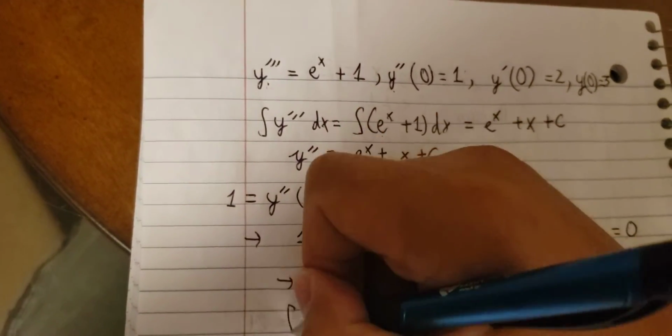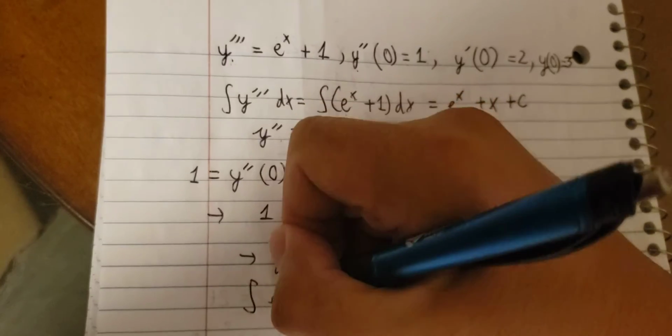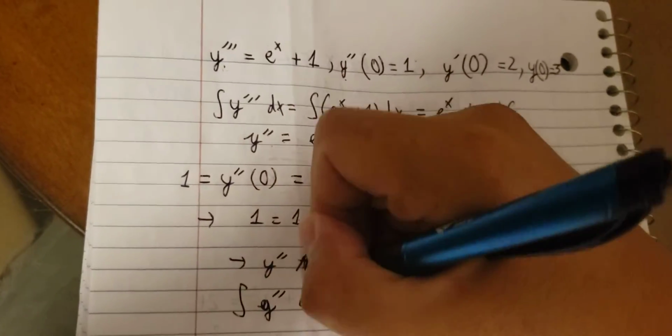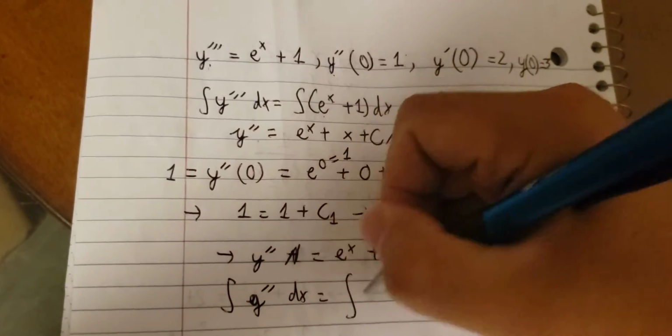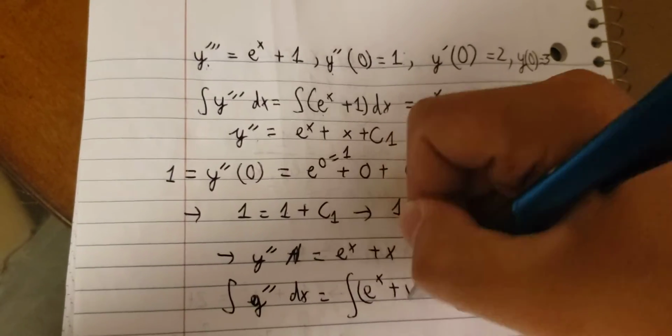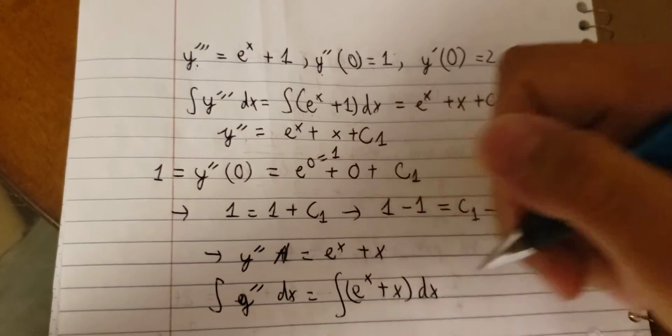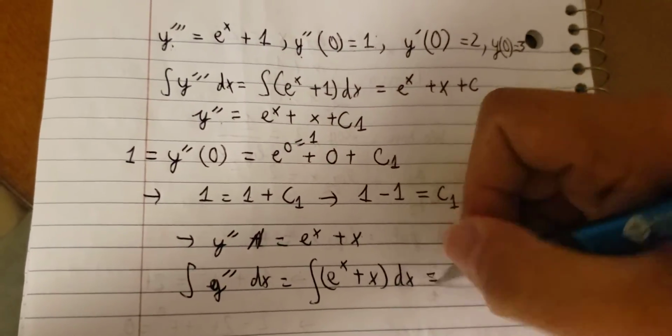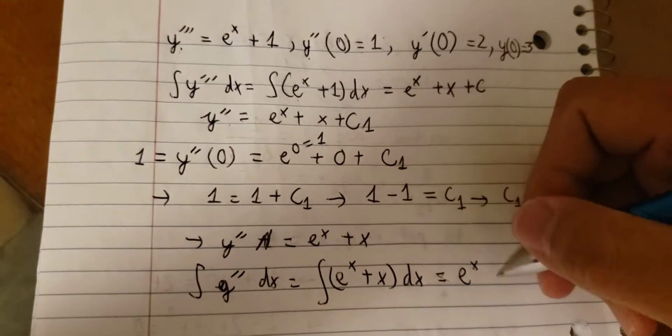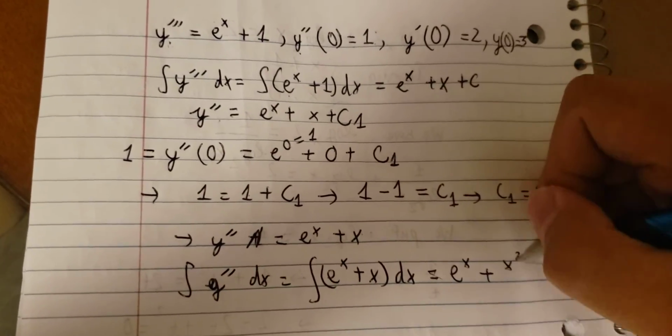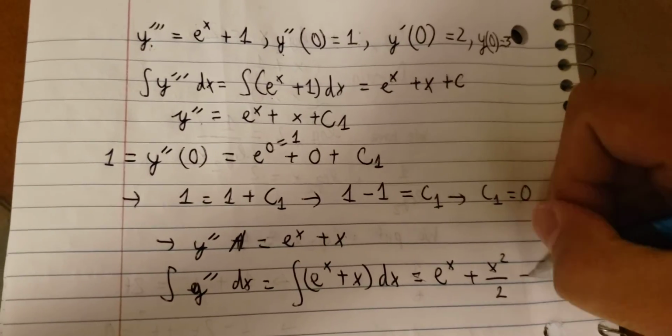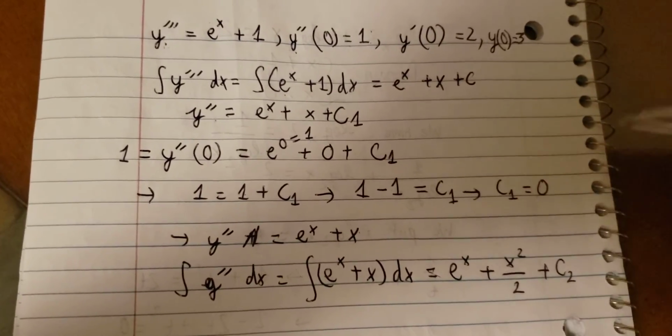Now we do the second integration. And this one you get e to the power of s plus s squared over 2. And we put c2.